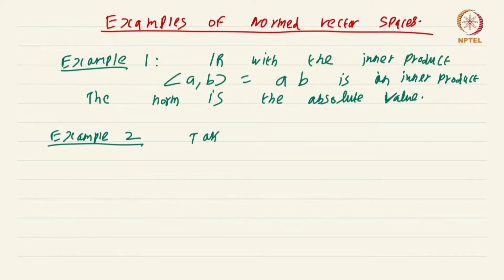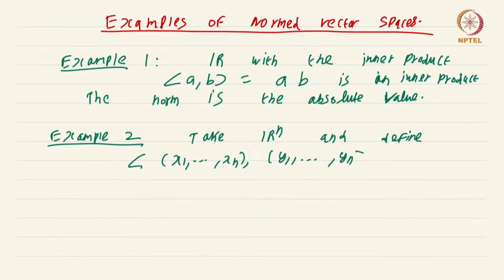Take R^n and define the inner product of (x1, ..., xn) with (y1, ..., yn) to be nothing but the summation of xi yi. You just multiply out the corresponding components and sum them all from 1 to n. So this is the standard inner product on R^n.